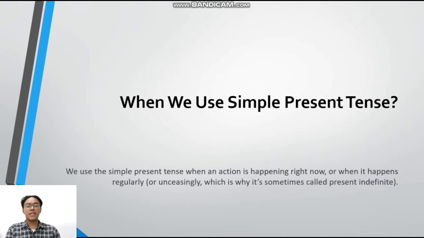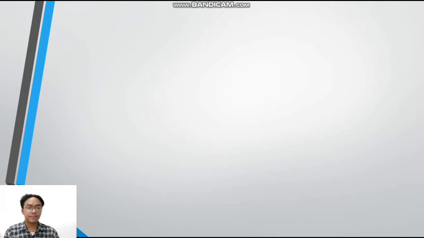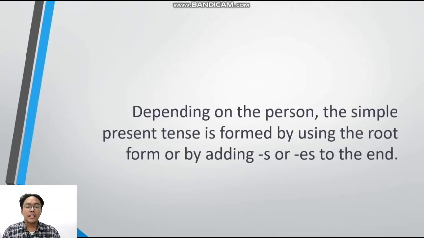We use the simple present tense when an action is happening right now, or when it happens regularly or unceasingly, which is why it's sometimes called present indefinite. Depending on the person, the simple present tense is formed by using the root form or by adding s or es to the end of the verb.